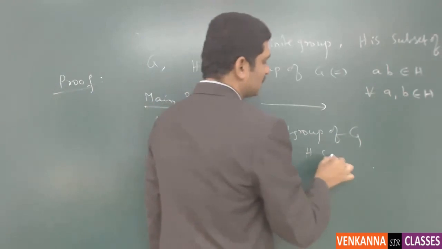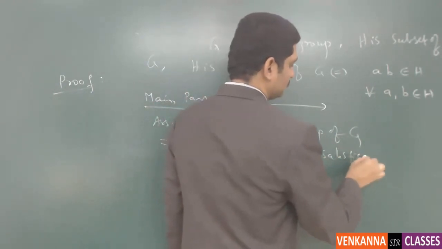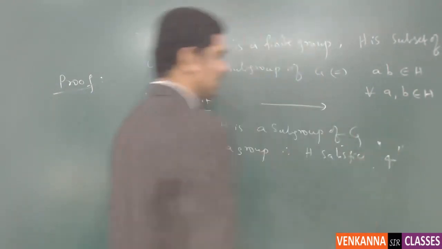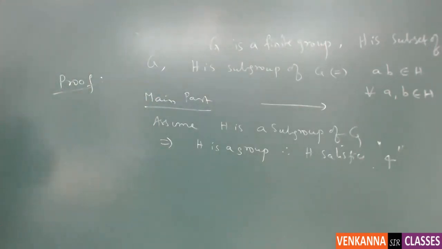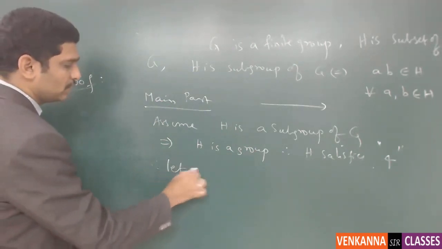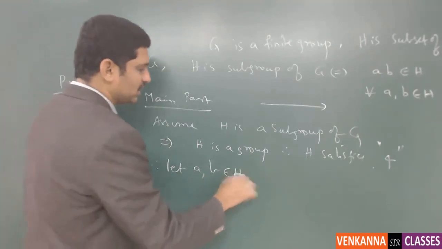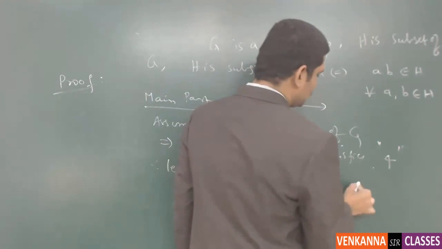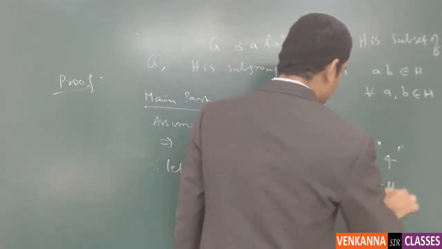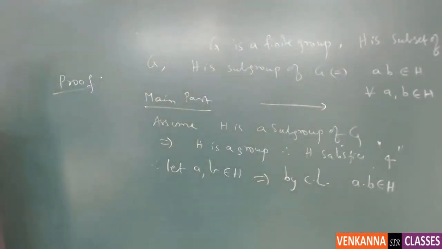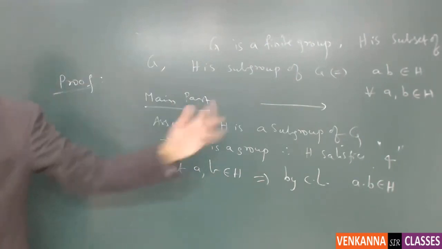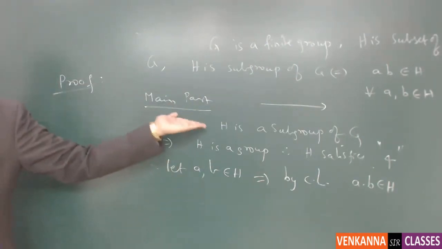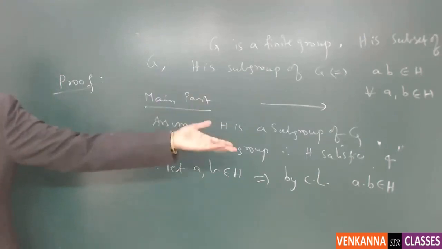Therefore, H satisfies the four properties. Agree? So if you take any two elements in H, immediately by closure law, you can say that A dot B belongs to H. So the first part proof is very trivial because since it is a group, it satisfies all the properties.